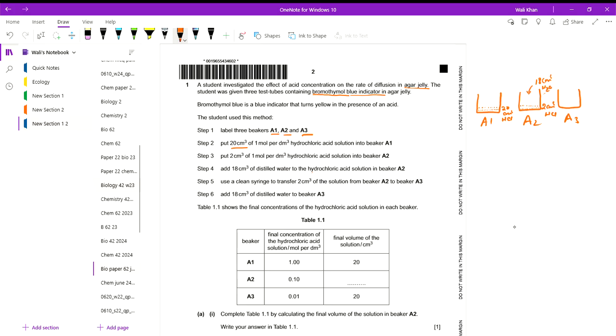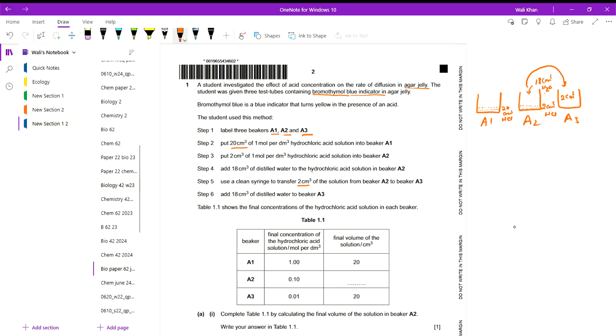Use a clean syringe to transfer 2 cm³ of the solution from beaker A2 to beaker A3. So we take 2 cm³ from this beaker and add to this beaker. Add 18 cm³ of distilled water to beaker A3.